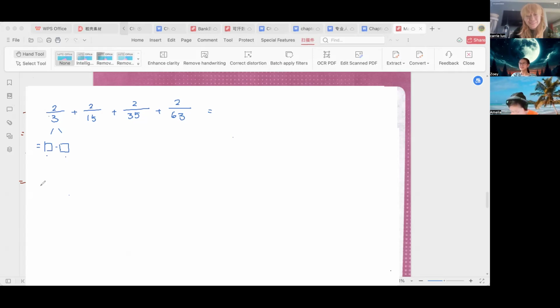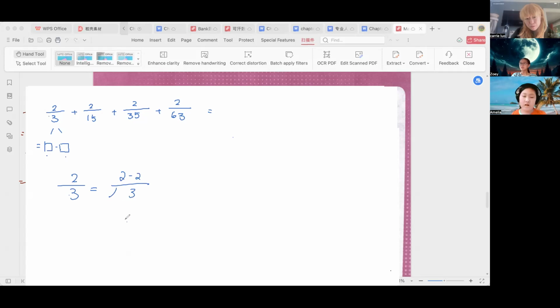Okay. Make sure. So 2 over 3, Amelia, you equals what minus what? I equaled 2 minus 2 over 3. What? 2 minus 2 over 3, are they equal to?